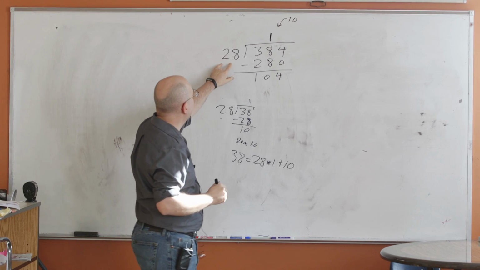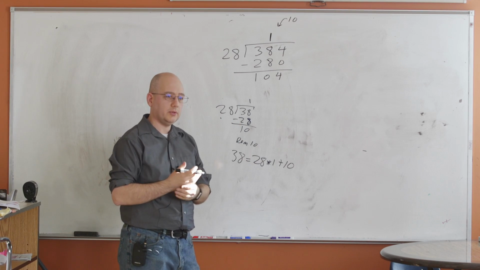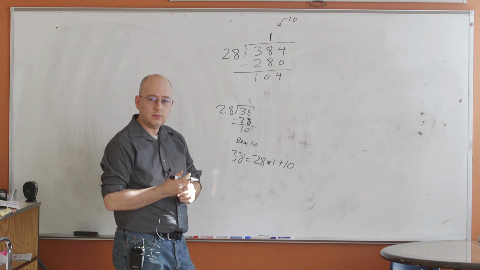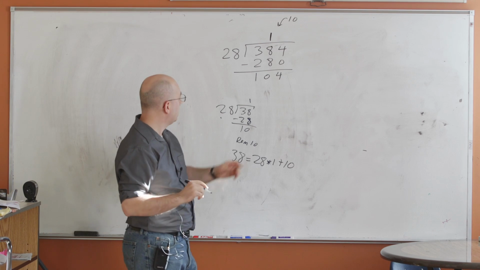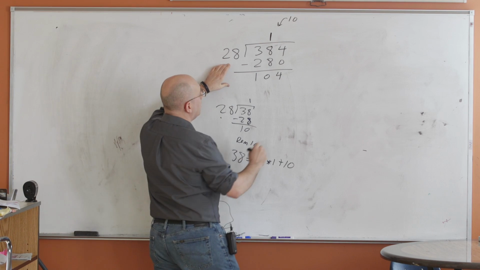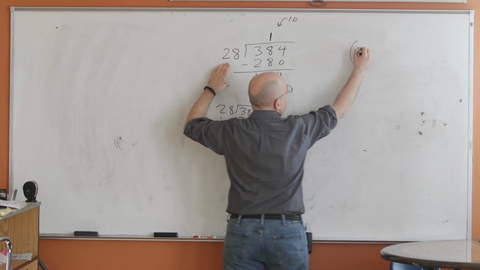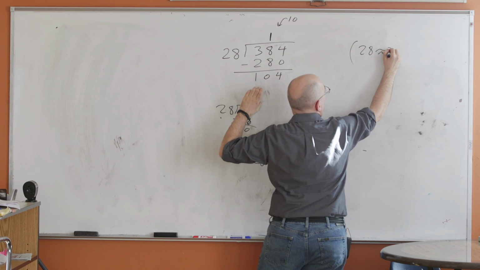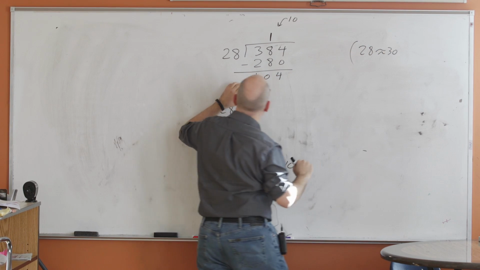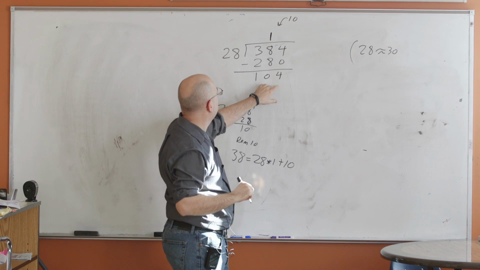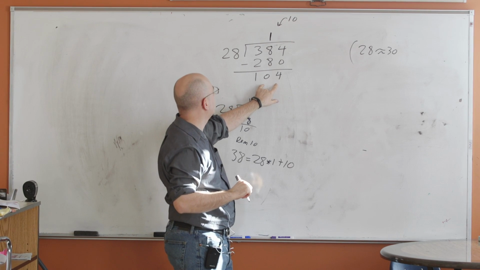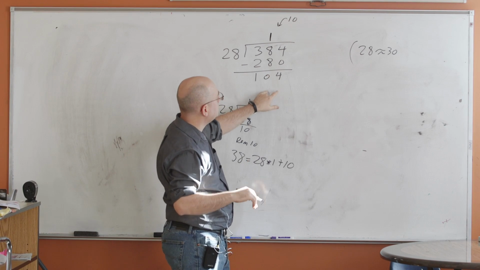But roughly speaking, 28 is almost what number? 25 or 30? I'd probably go with 30. So kind of in your head, 28 is kind of close to 30, and this is kind of like 100, more or less.